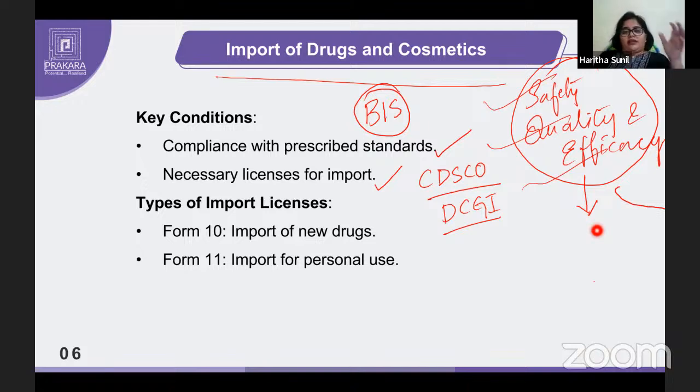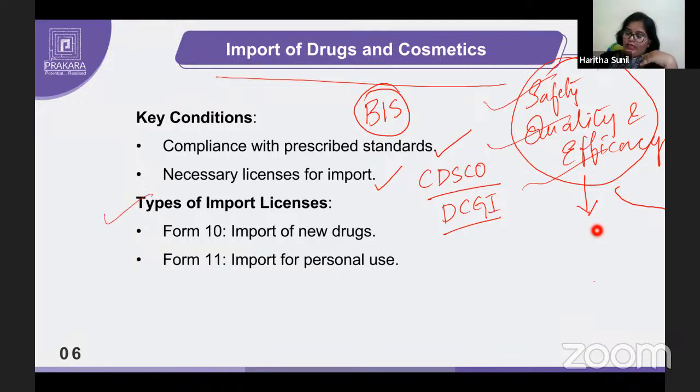And then once they ensure that all the documents provided are correct, they will ensure that only authorized and verified entities can import into the country. Either drugs or cosmetics, only the approved things are allowed to be imported into India, right?